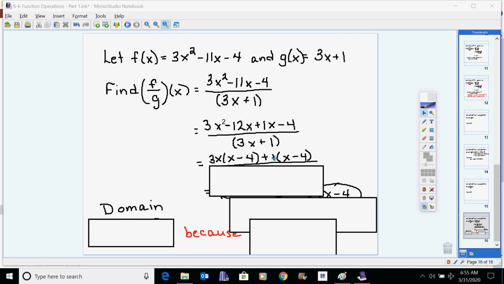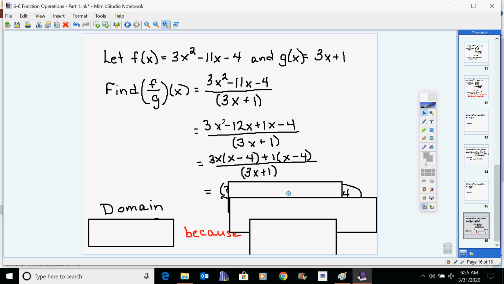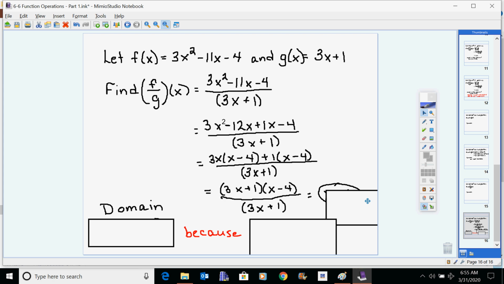And you've got this 1 here that was factored out because there's no other common factor here. So 1 times x minus 4. And then once you have brought this all out, 3x plus 1 times x minus 4. So the 3x plus 1 can cancel and you're left with x minus 4.